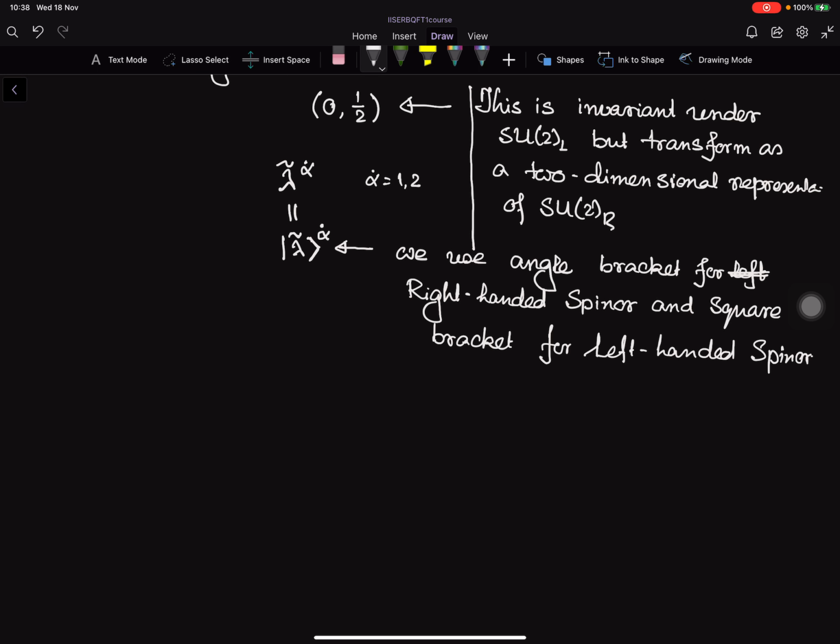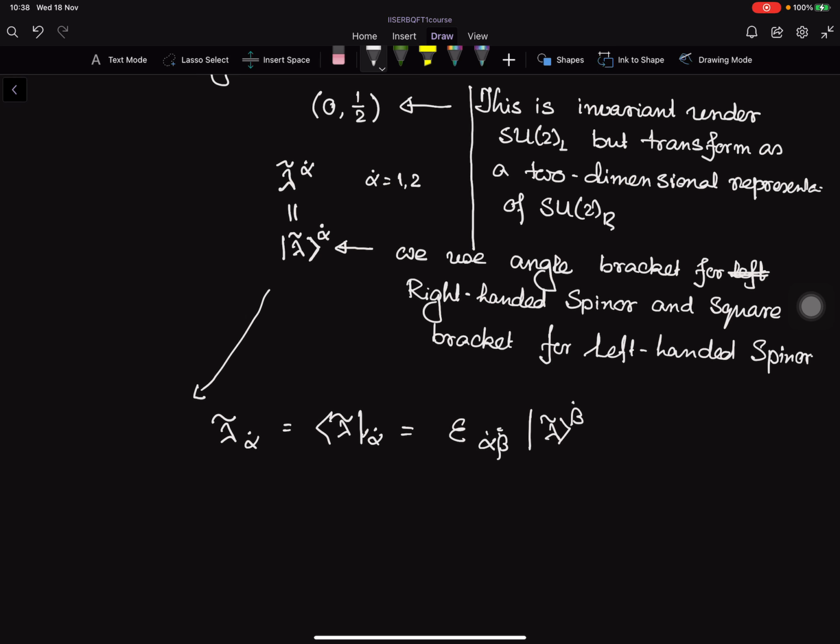In the same way, here also there is a dot product. We can also define the lower index alpha dot, which is the same as lambda tilde alpha dot. This is the same as epsilon alpha dot beta dot lambda tilde beta dot.